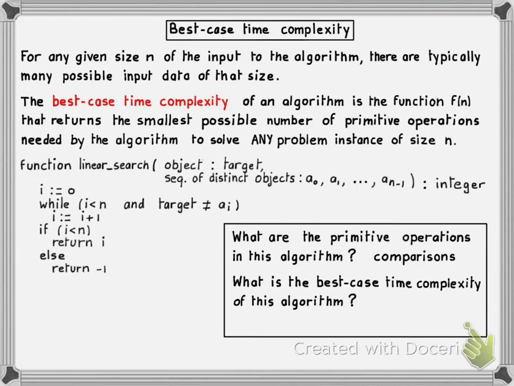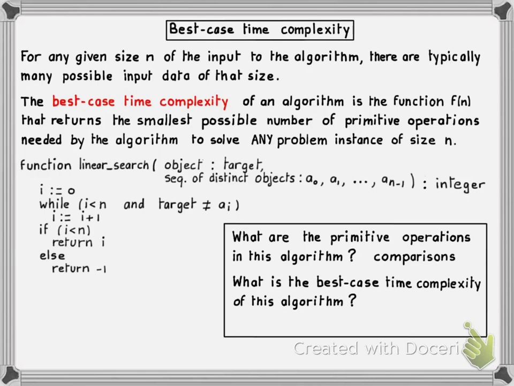So remember that this algorithm goes through all the elements in the sequence starting at a sub 0 and stops as soon as it has either found a target or reached the end of the sequence. So what is the best case? In other words, what is a problem instance in which the algorithm takes the smallest number of steps?